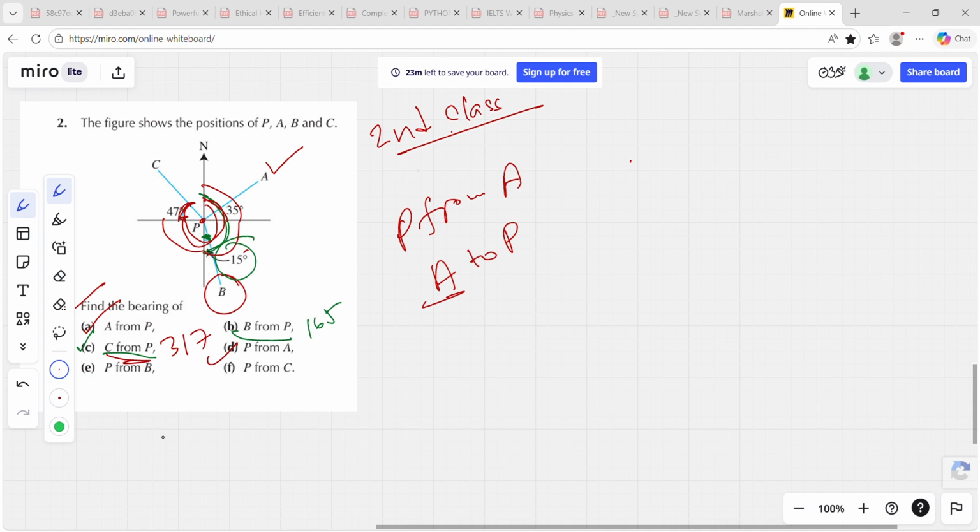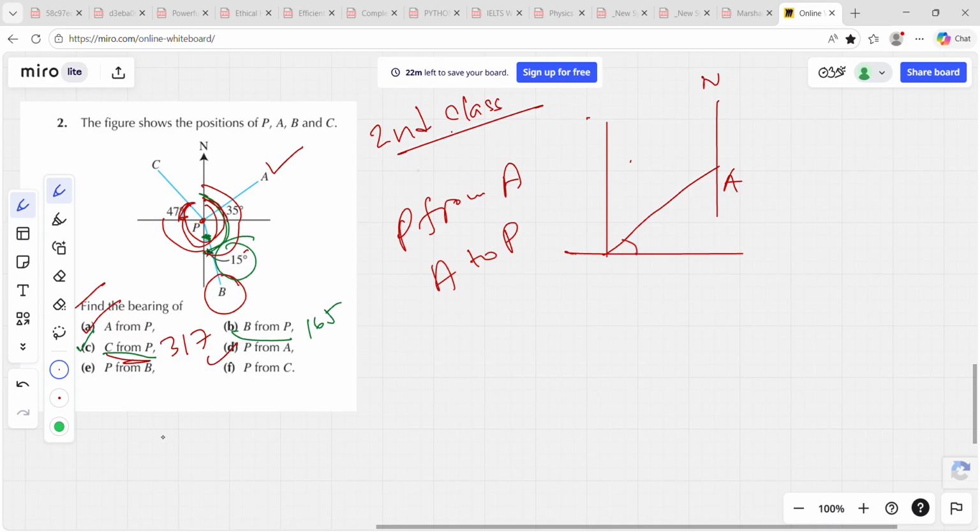Now you have to mark it. If I draw it here, this is our A. You have to draw a north line on this point A. Now you have to draw this particular angle also, that is 90 degrees.